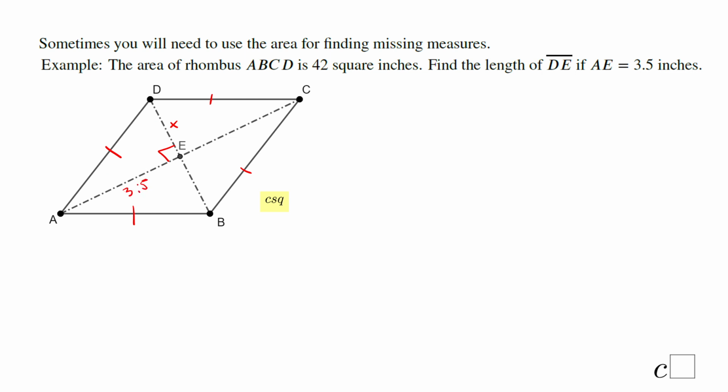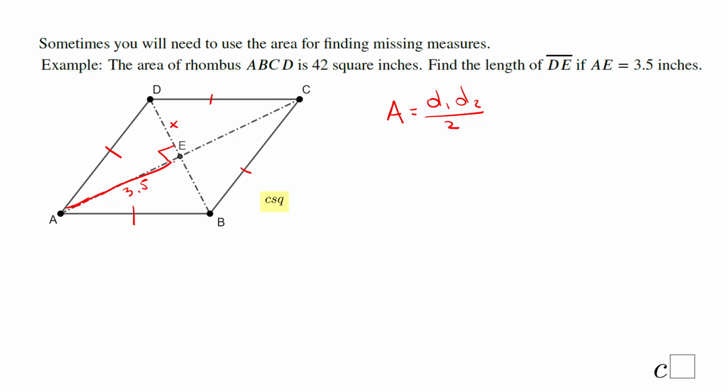Okay, so one easy way, I think the easiest way, is to look at this formula. We discussed the area of a rhombus, multiply the diagonals, divide by 2. And let's see, in this formula we know the area. The thing we need to find out is one of the diagonals. So what about this one?